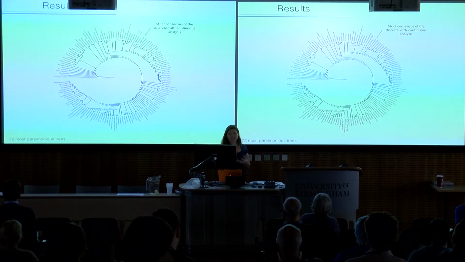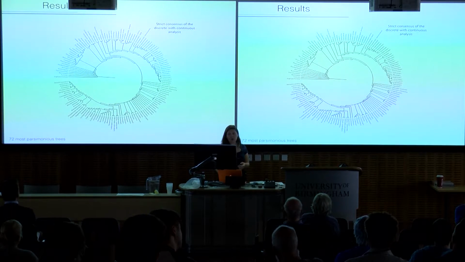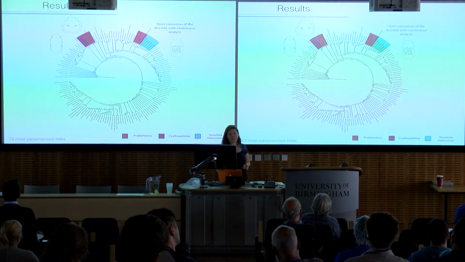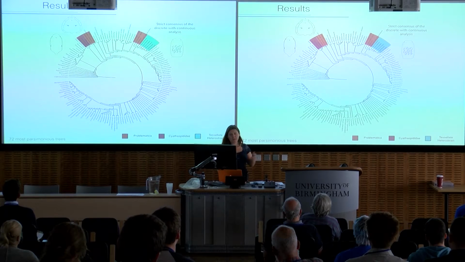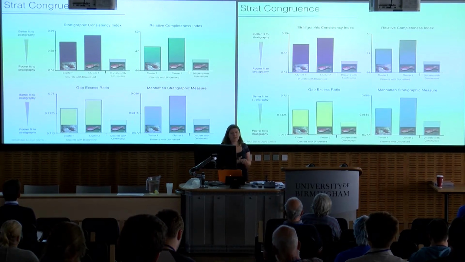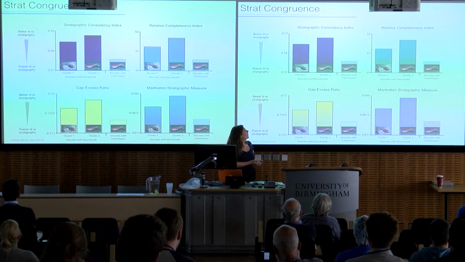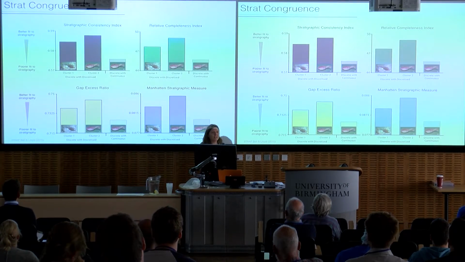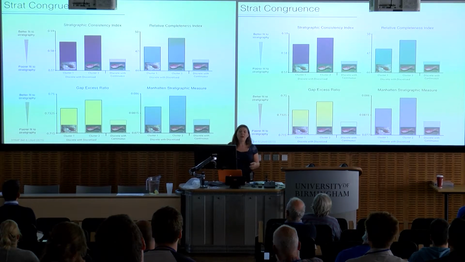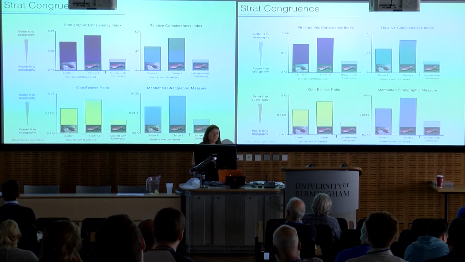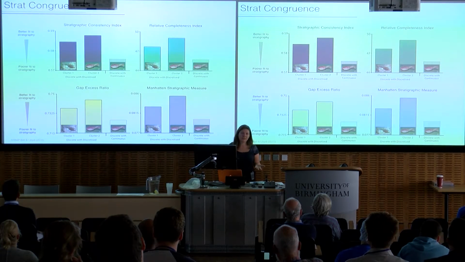I did run the analysis which left the quantitative data raw, and this recovered the large plated forms in this basal sister group position to all of the heterostracans. But as shown by my previous work, having the raw continuous data doesn't give us that good a fit to the fossil record. So I used stratigraphic congruence, which assesses the stratigraphic distribution of the fossils in time against their tree topology, to get an idea of which tree topologies fit better with their stratigraphic record.